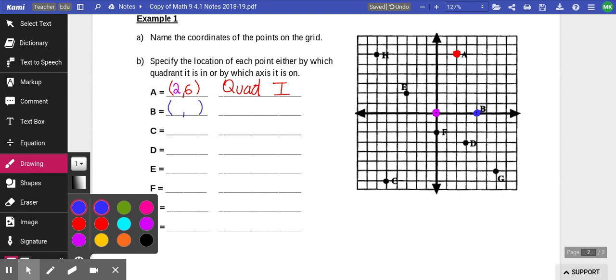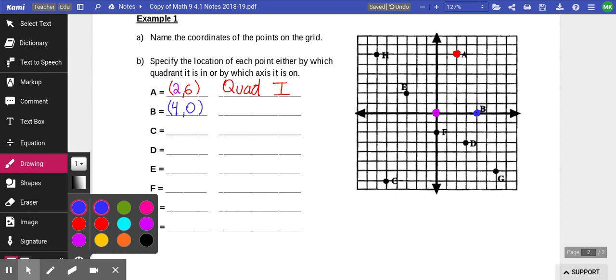So 4 is my X value. The second coordinate is how far up or how far down it has gone. That's called your Y value. This thing has not gone up or down, so we call that 0. It just means it hasn't moved up or down.